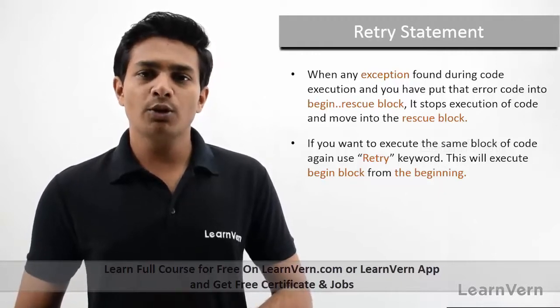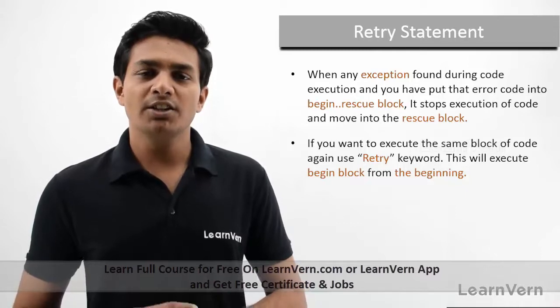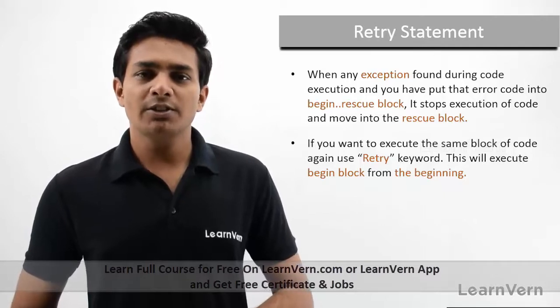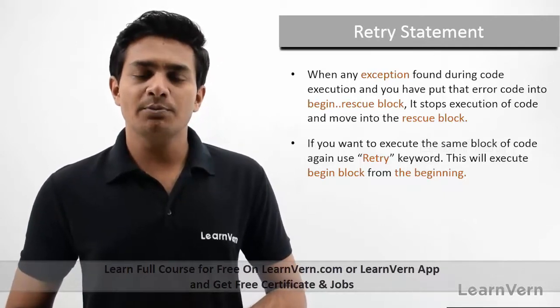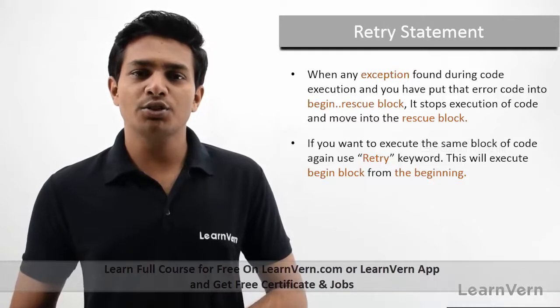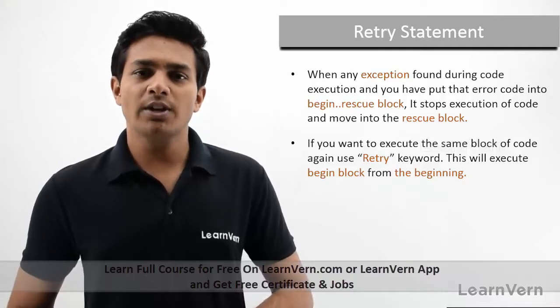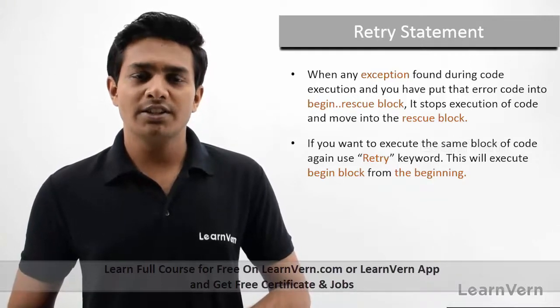So our flow of execution starts again from the beginning of our definition. Whenever it encounters a retry statement, it will start execution of our block of code from scratch again. So this is how we can work with the retry statement.